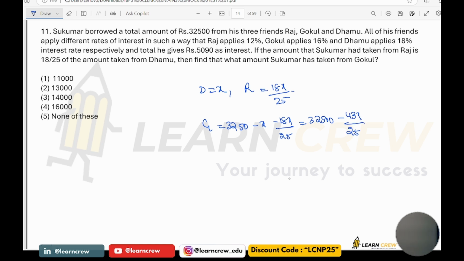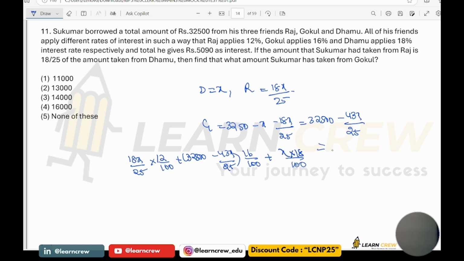And what we know here is 12 percent of 18x by 25, and 32,500 minus 43x by 25 at the rate of 16 percent, and x at the rate of 18 percent.